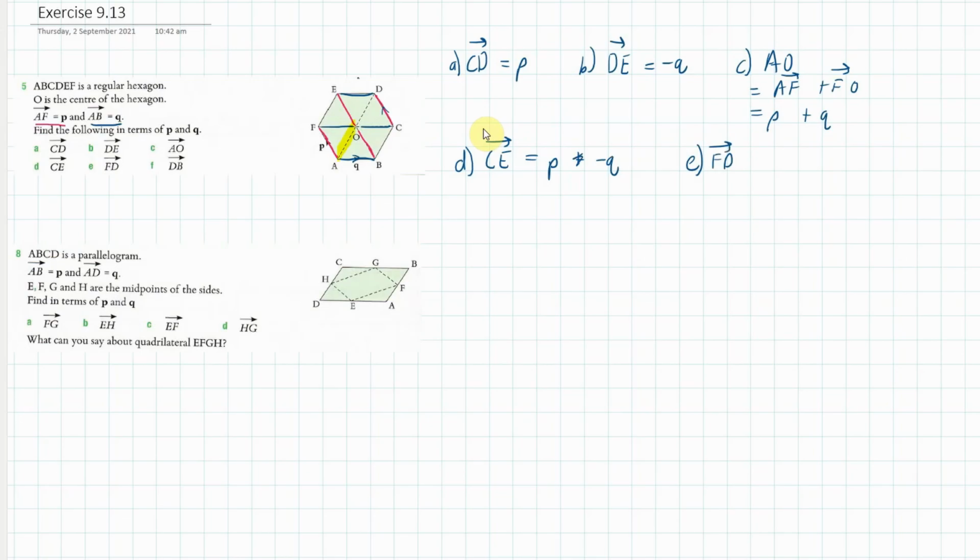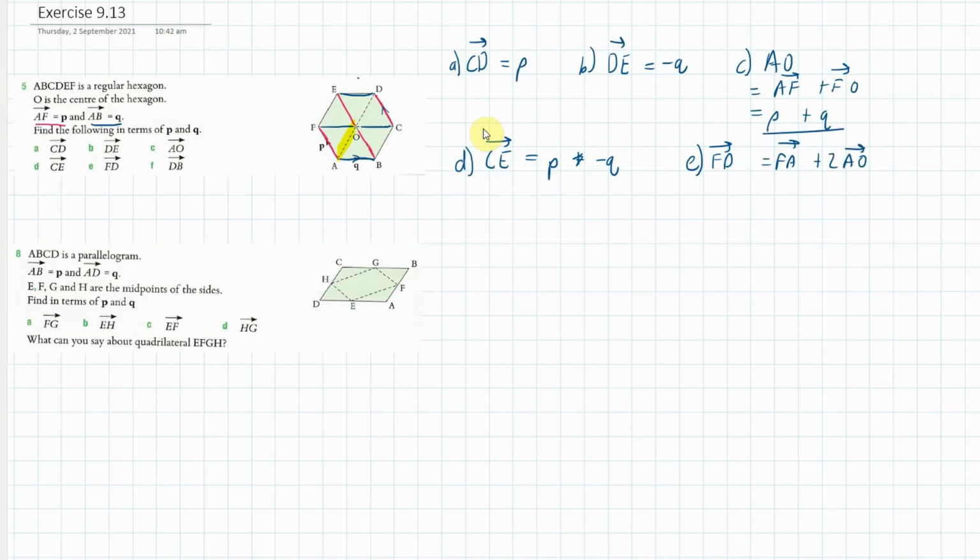E is FD. How am I going to get from F to D? Well, I can go from F to A, and then I can go from A to O times 2. So plus 2AO, because we've already worked out AO, we now know what that is.